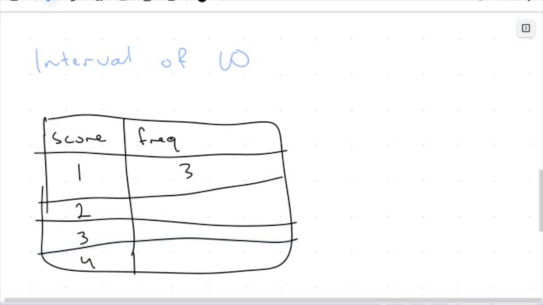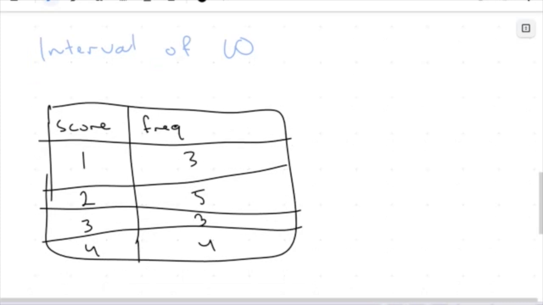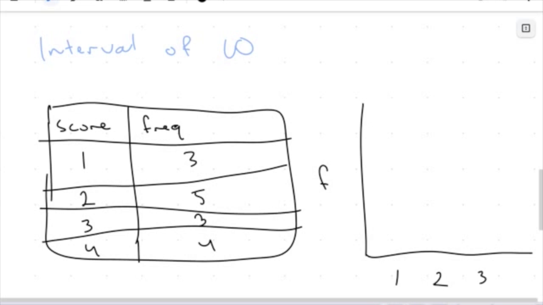So say I had 3, 5, 3, 4, and I show a histogram. This is like a type of column graph. So if I have my frequency here, I have a score of 1, 2, 3, and 4. I can show this on a histogram.